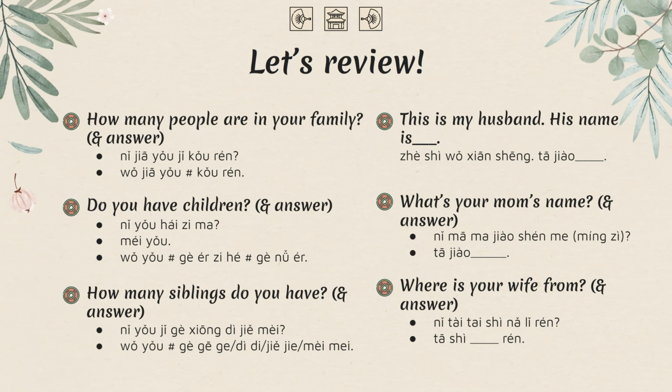And then remember the question for where are you from? 你是哪里人? So here it's 你太太是哪里人? And to answer that, you will simply say 她是 she is blank 人. So if she's from America, you could say 她是美国人. If she's from China, 她是中国人.